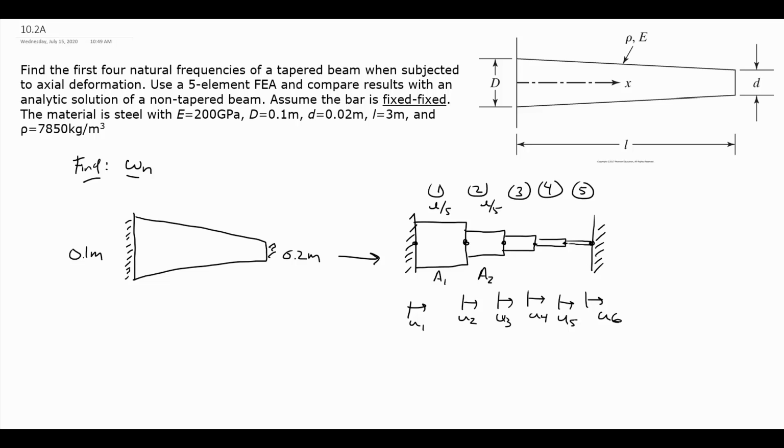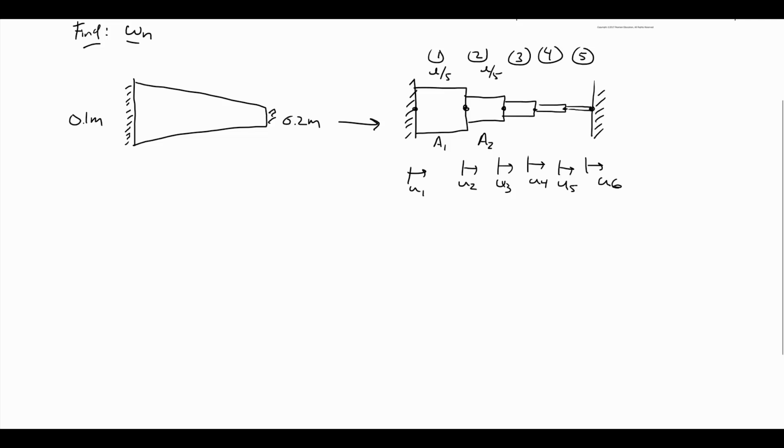When we add a lot more elements, that reduction in area is going to become smoother the more elements we add. But for this first version of the example, where we're specifically using 5 elements, it does look very boxy, and the results are going to reflect that. So the question is going to be, what should we use as the cross-sectional area for elements 1, 2, 3, 4, 5?